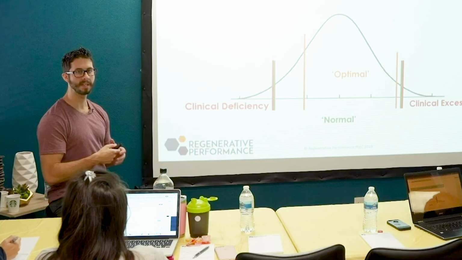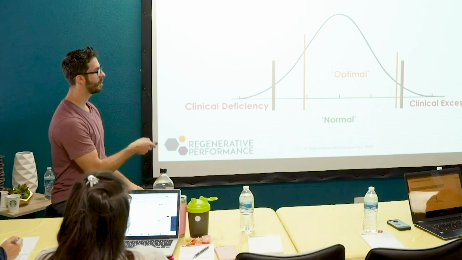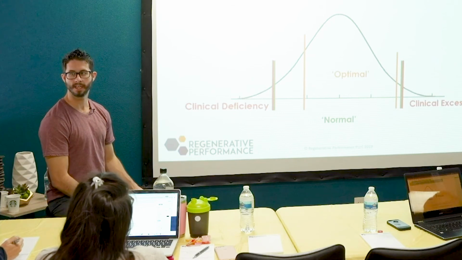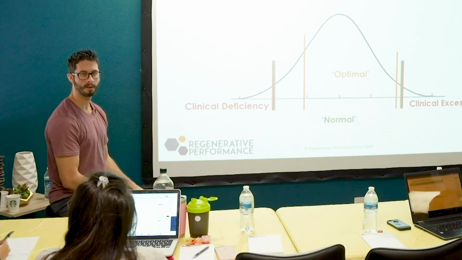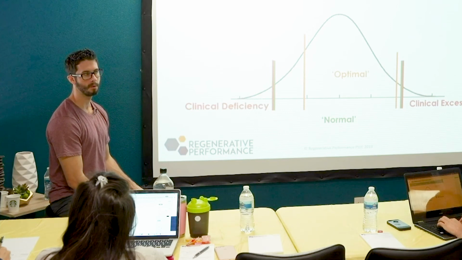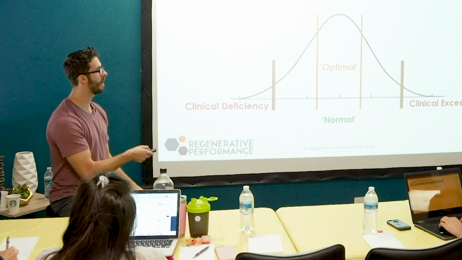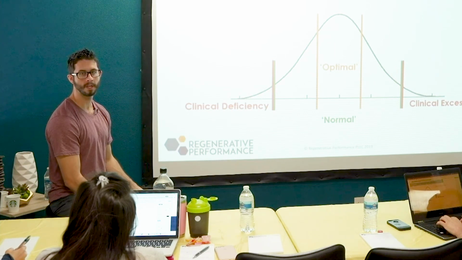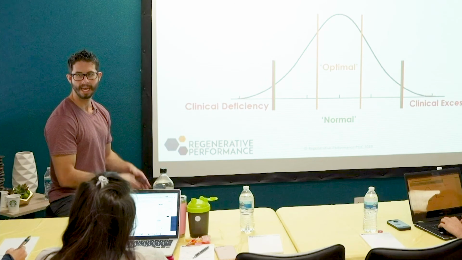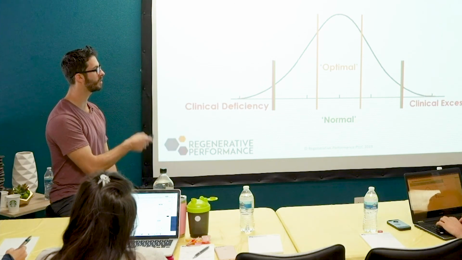This might be Zach. Exact same lab, his personal optimal range for TSH might be a little bit different. He might need to be a little on the higher end for him to feel normal. Or Ryan might need to have a really tight optimal range where he can't have a lot of variation outside of that, and then he starts to get symptoms of too much and too little.